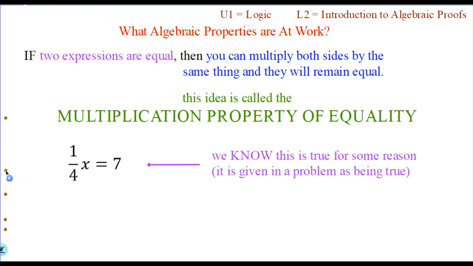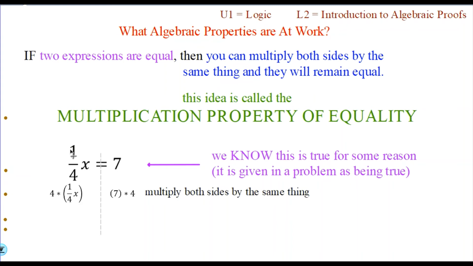If you have x times 1/4 on one side equals 7, you know this is true. You can multiply both sides by 4. So 4 times 1/4, if you take 1/4 of something and then quadruple it, you just have 1x.